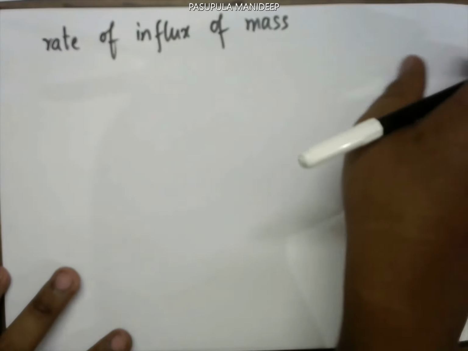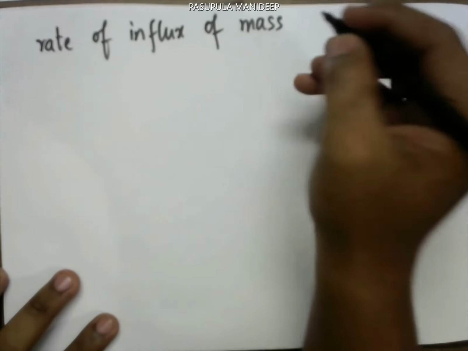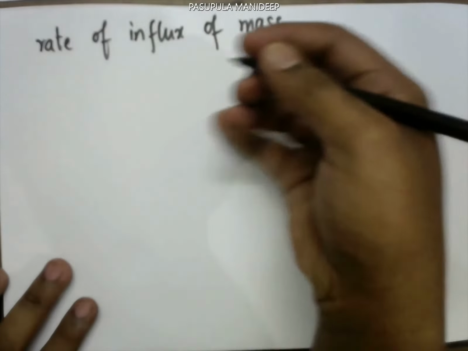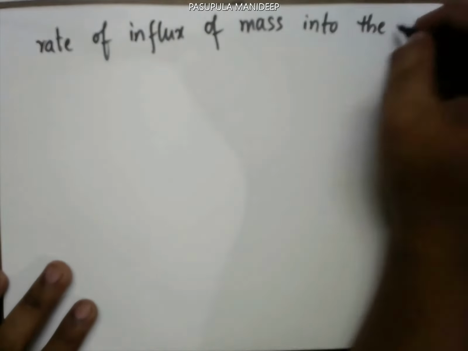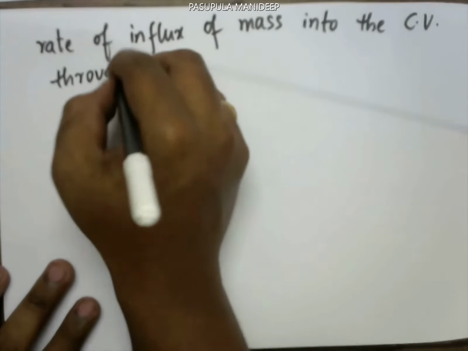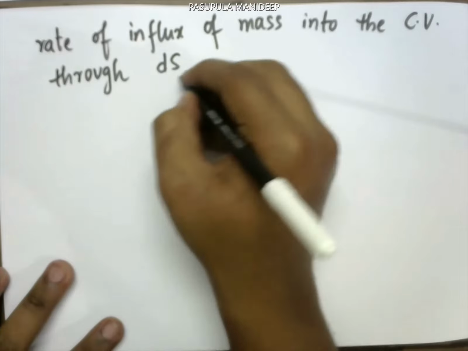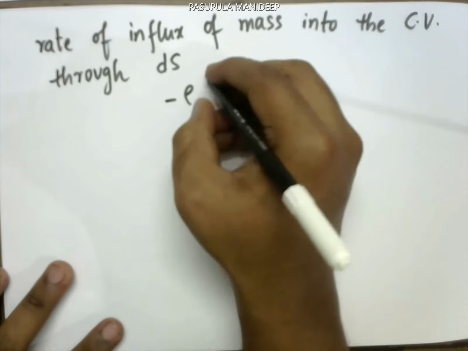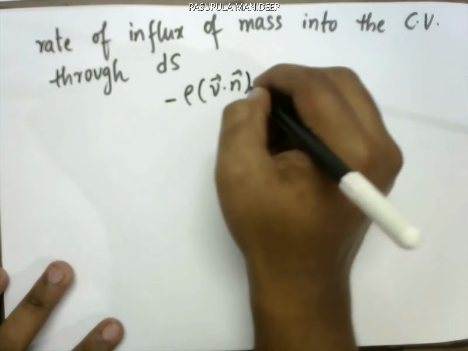Then we can multiply with velocity to get the momentum. Considering dS as a differential area, the mass entering the control volume through dS is given by minus rho v bar dot n bar dS.